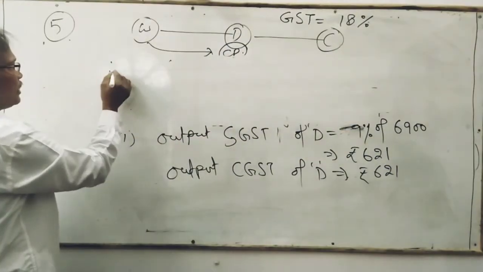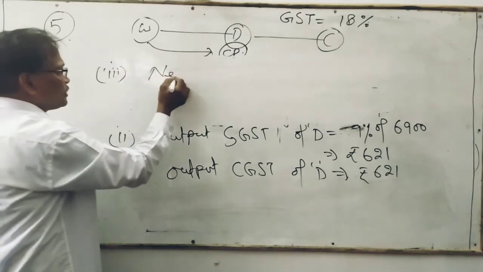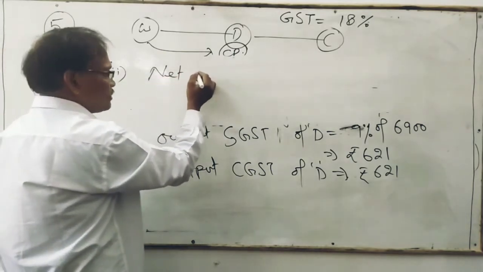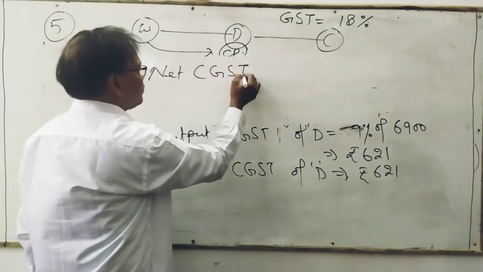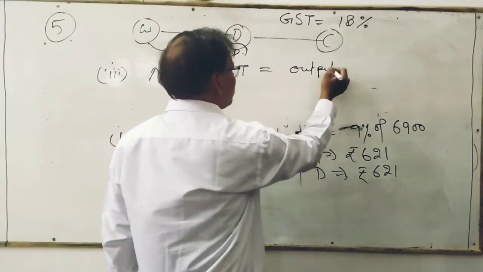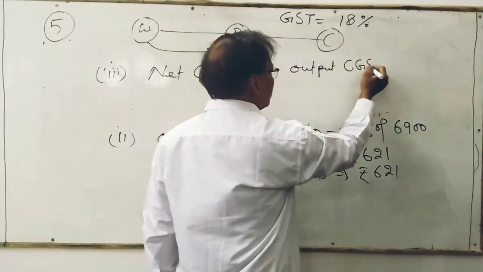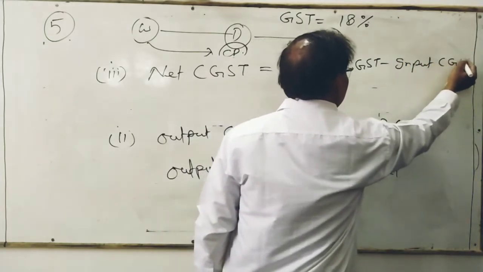थर्ड पार्ट, नेट CGST is equal to output CGST minus input CGST.